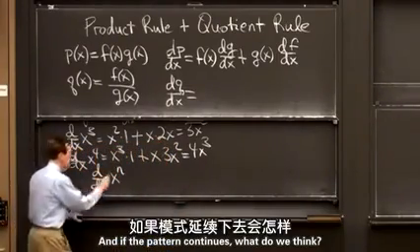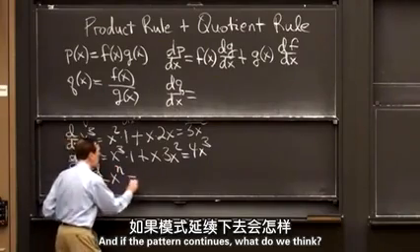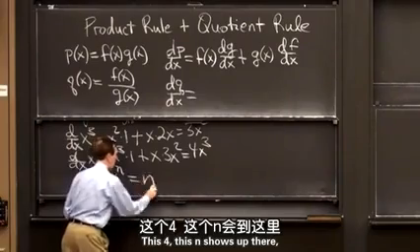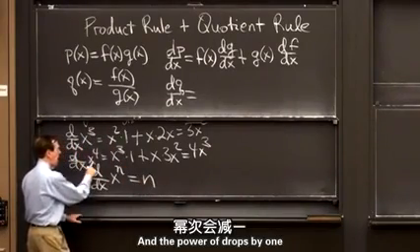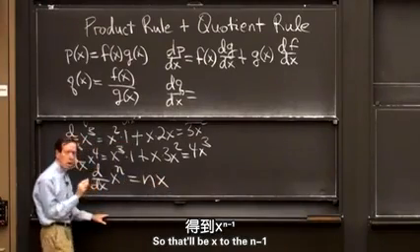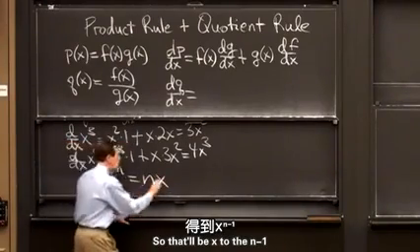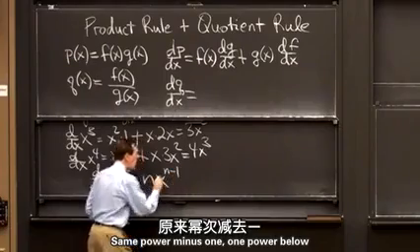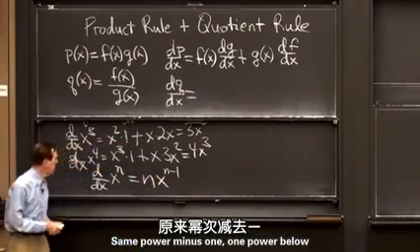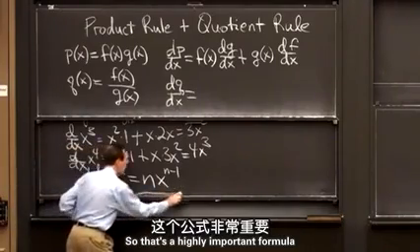And if the pattern continues, what do we think? This n shows up there, and the power drops by 1, so that'll be x to the n minus 1, one power below. So that's a highly important formula.